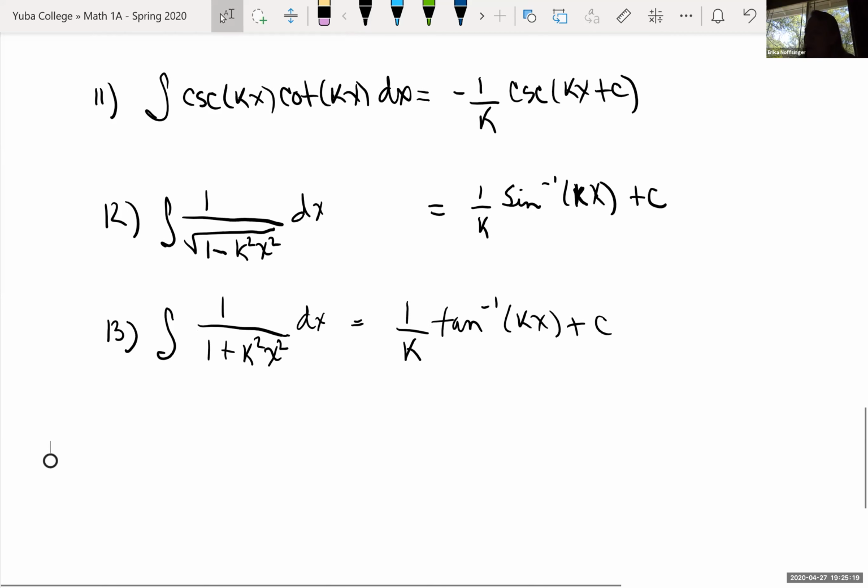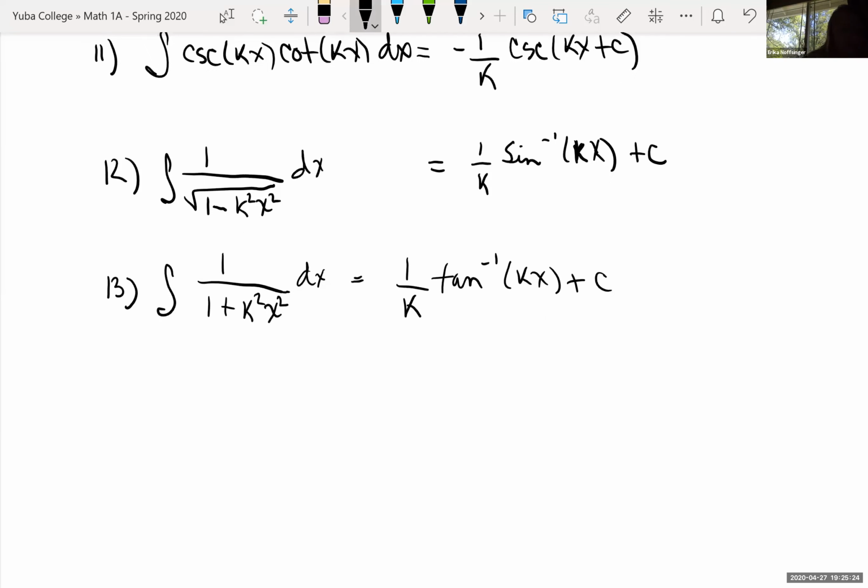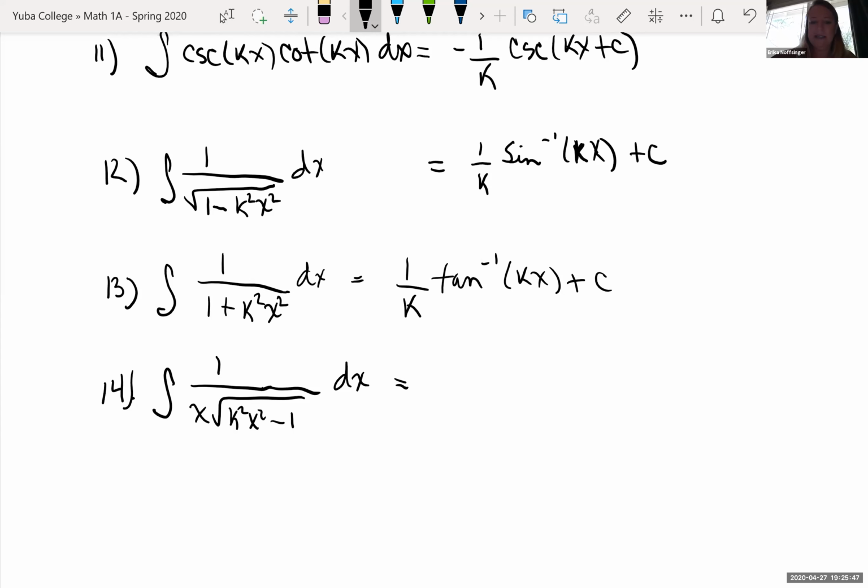So there's two more. Sorry, I don't have a table, that would have made this so much faster. The integral of 1 over x times the square root of k squared x squared minus 1 dx is the secant inverse of kx plus c, and this says kx has to be greater than 1.